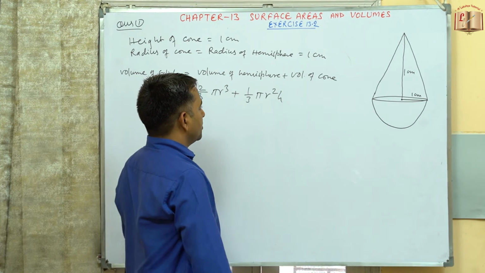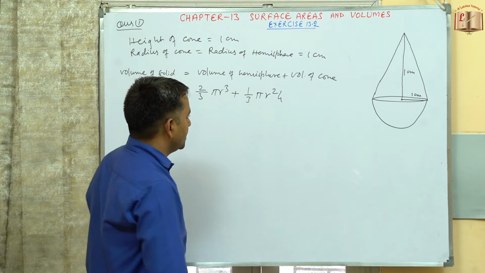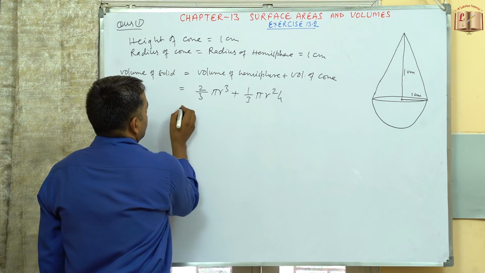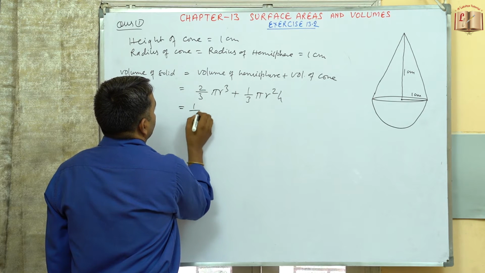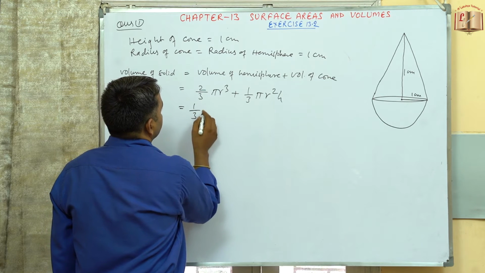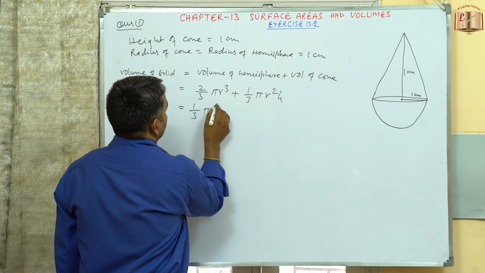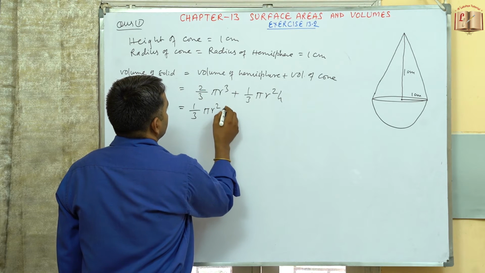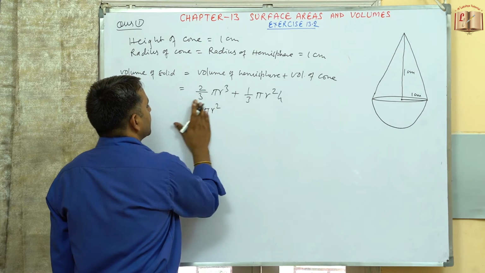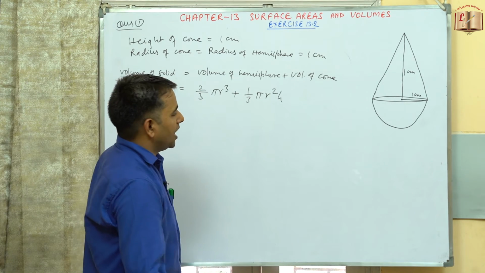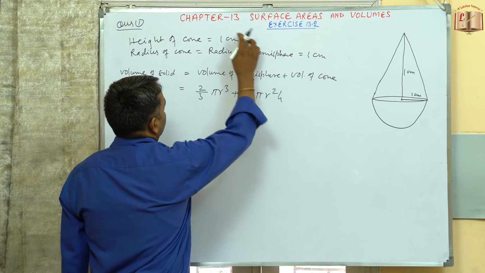So cone का कितना हुआ, 1 upon 3 pi r square h. Or simply we can substitute the values because r and h both are given, they are only 1 and 1.